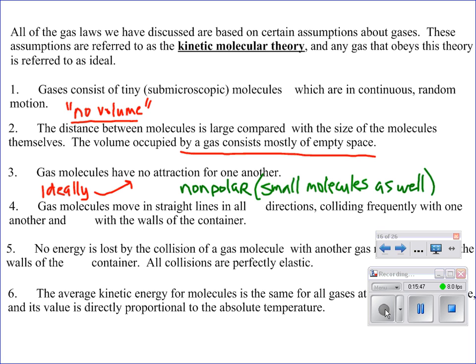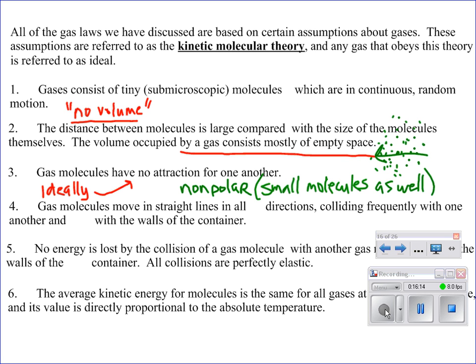But if you have a molecule that's huge, say we've got a nucleus and a ton of electrons, even though it's nonpolar, like Br2, when it runs into other molecules, all the electrons can shift to one side.